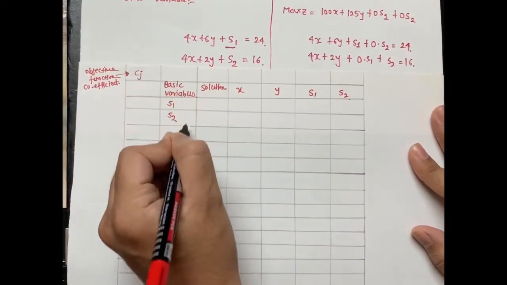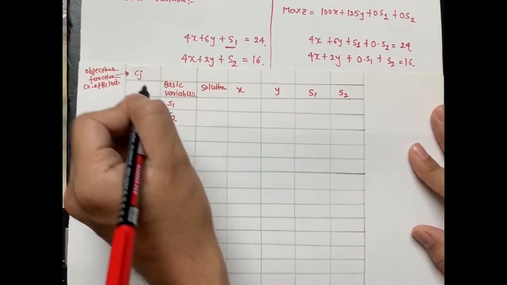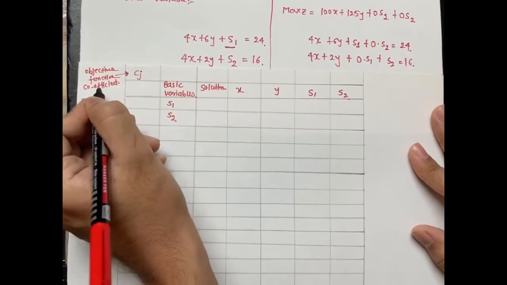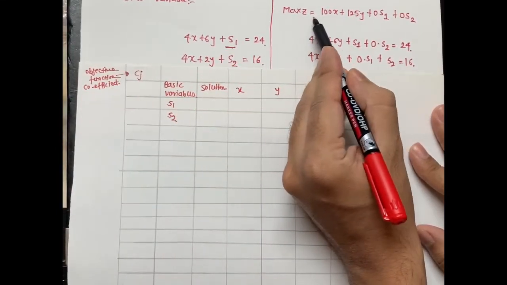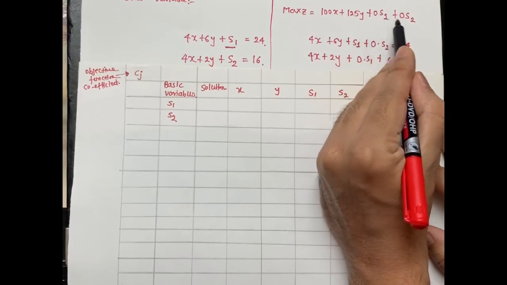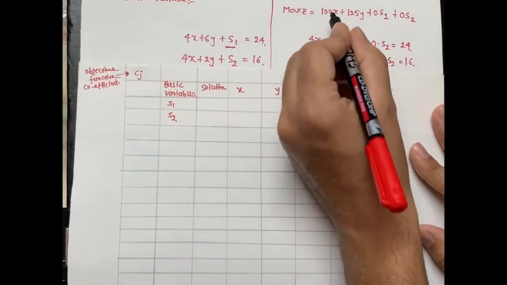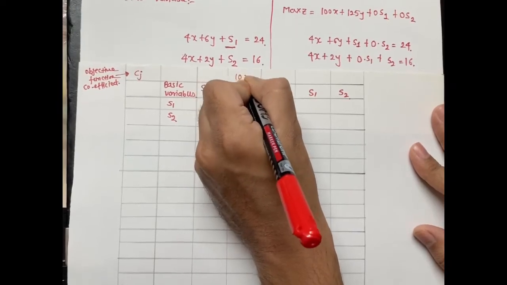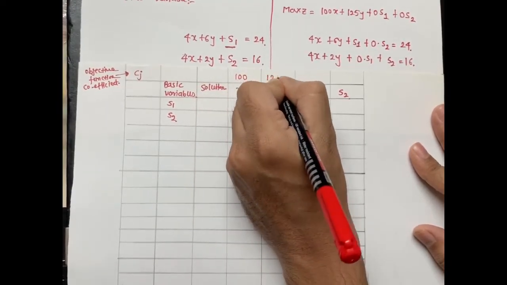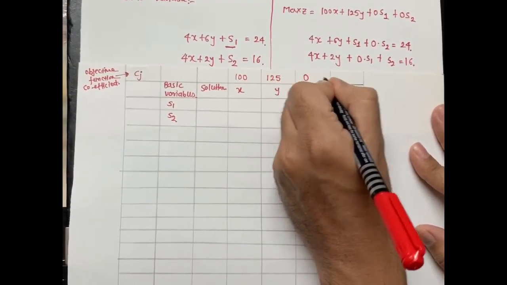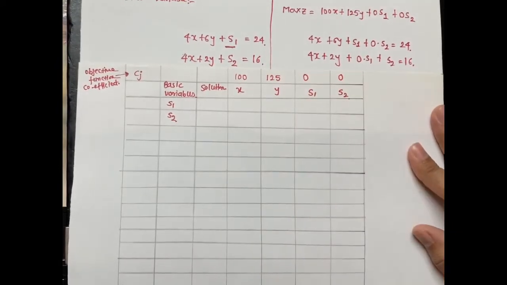Now, what is the Cj, the objective function coefficient? Means in the objective function, what are the coefficients of these four variables? For X, the coefficient is 100, for Y 125, for S1 it is 0 and for S2 it is 0.